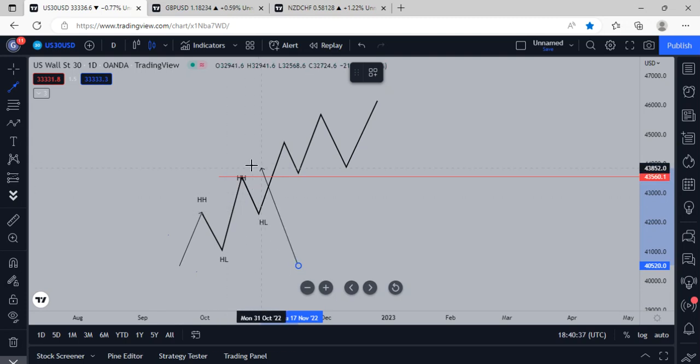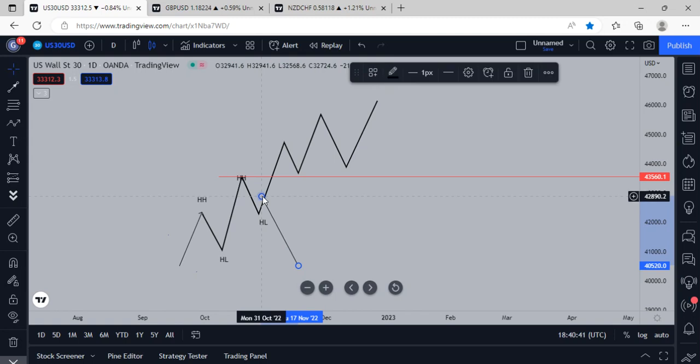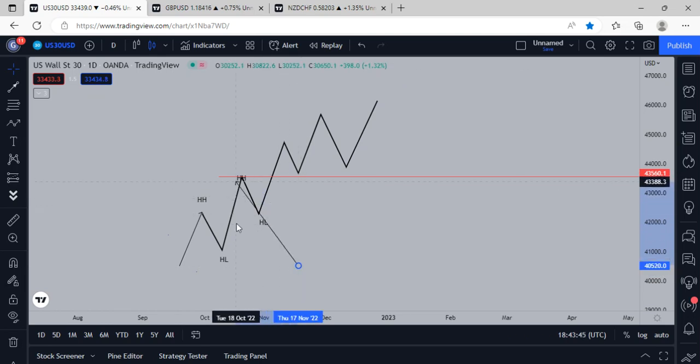It rejected that area and failed to break through, so that became our resistance. Price rejected in that area, and when it rejected, it instantly became a resistance. Price rejected and failed to break through for a buy.